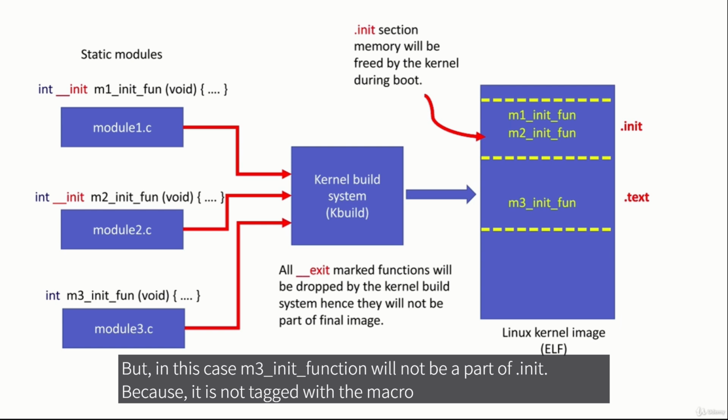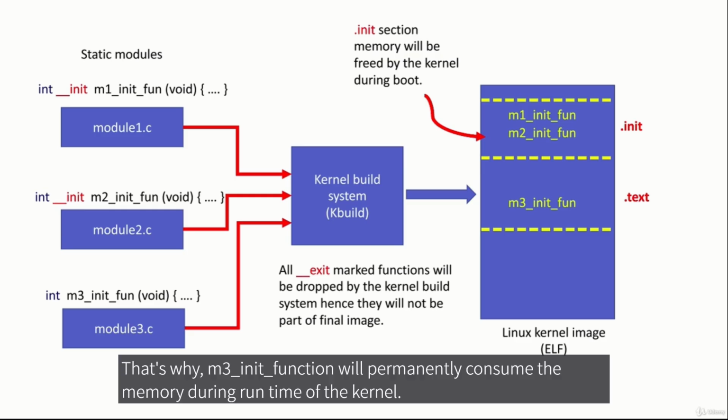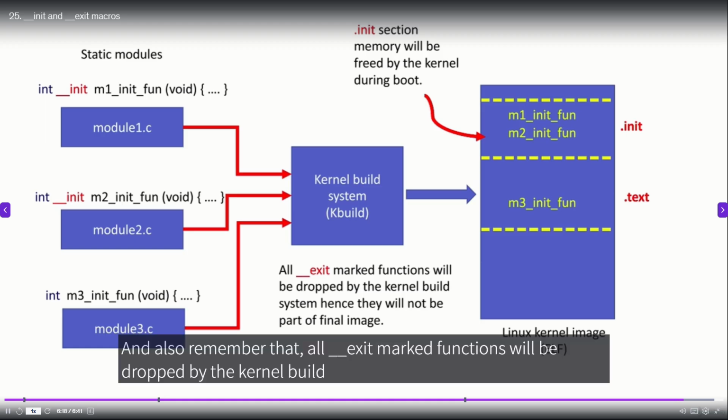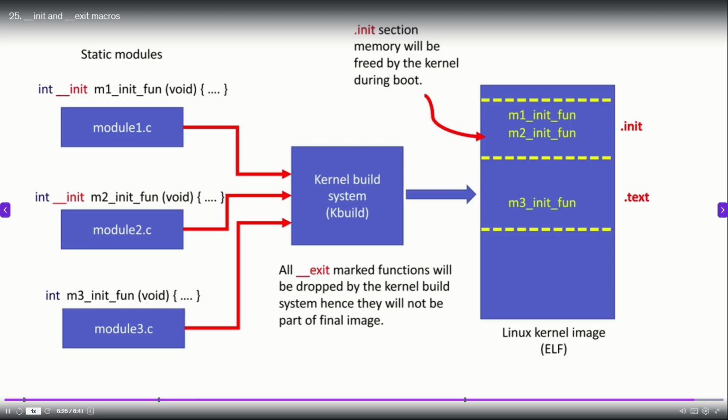But in this case, m3_init will not be a part of .init because it is not tagged with the macro __init. So it will be a part of the .text region. That's why m3_init will permanently consume memory during the runtime of the kernel. And also remember that all __exit marked functions will be dropped by the kernel build system, hence they will not be part of the final image.